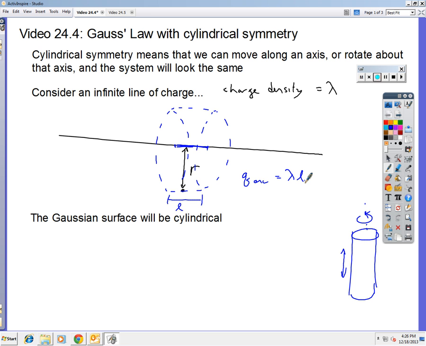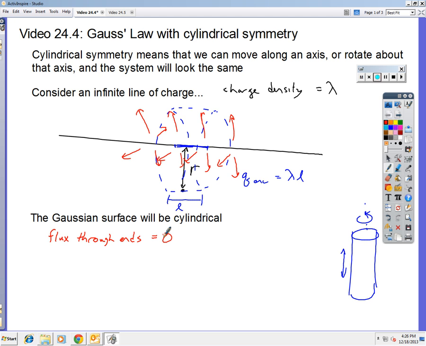Now the next thing we'll say is the electric field of this line of charge is going to point radially away from the line at all points. And that means the flux through the end caps, or the flux through the ends of the cylinder, is equal to 0.